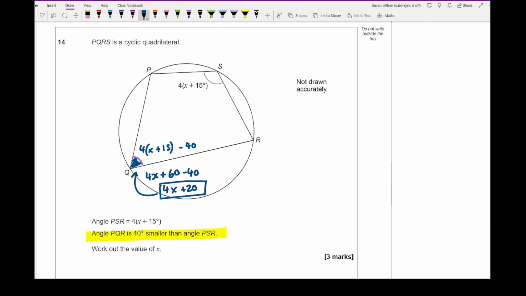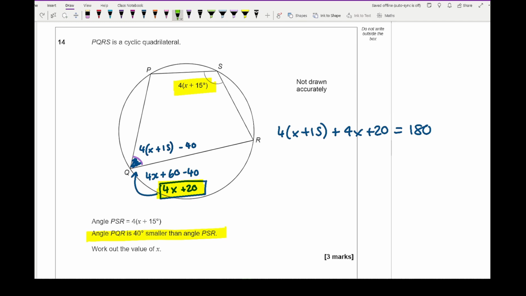Now I know that that angle here plus this angle here is going to add up to 180, because opposite angles in a cyclic quadrilateral add up to 180. So what I've got is 4x plus 15 plus 4x plus 20 equals 180 degrees.